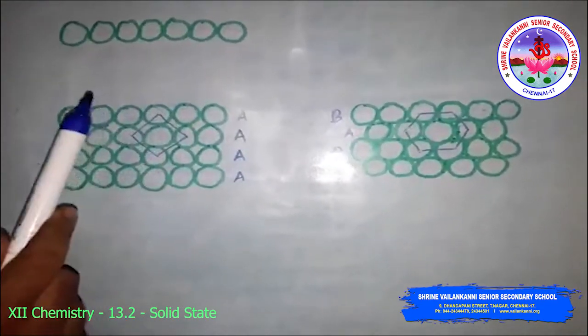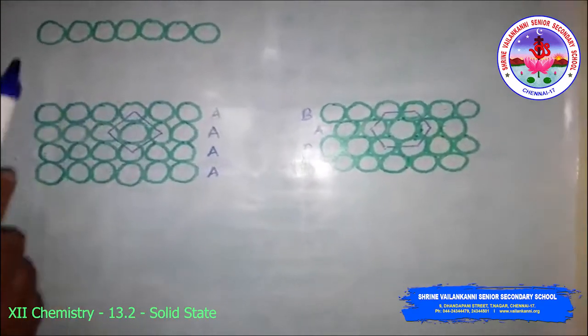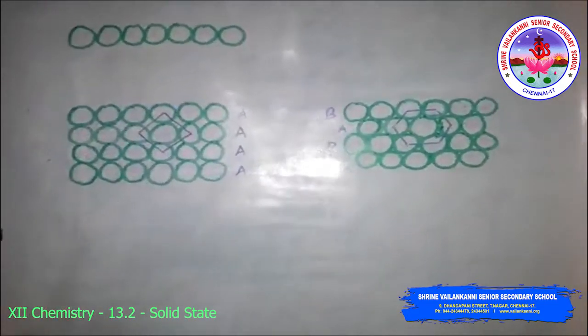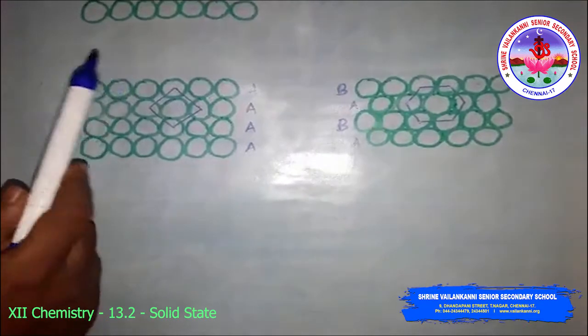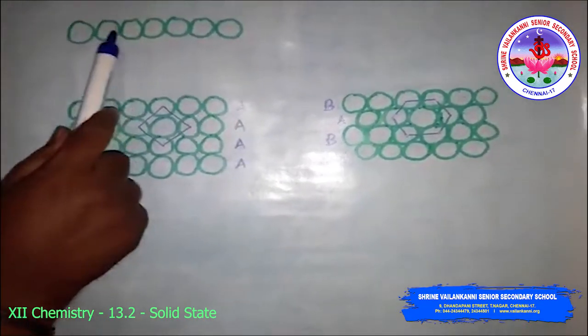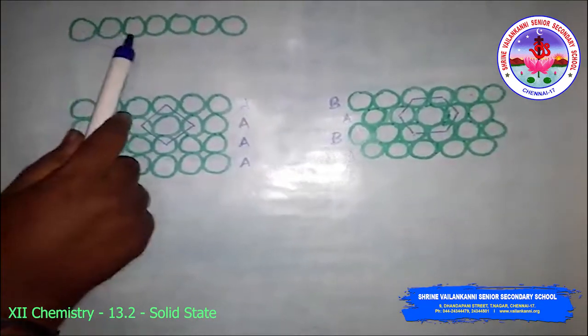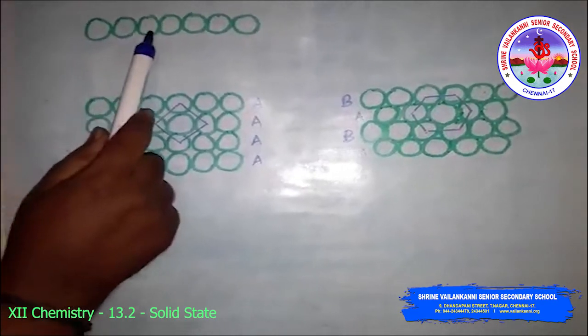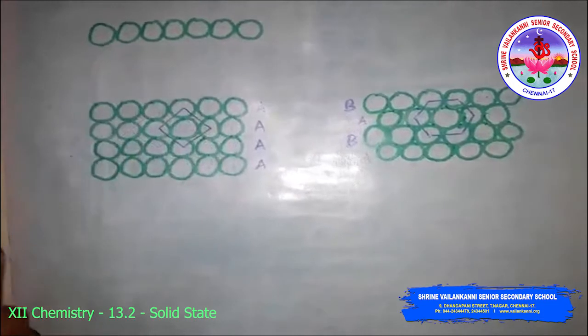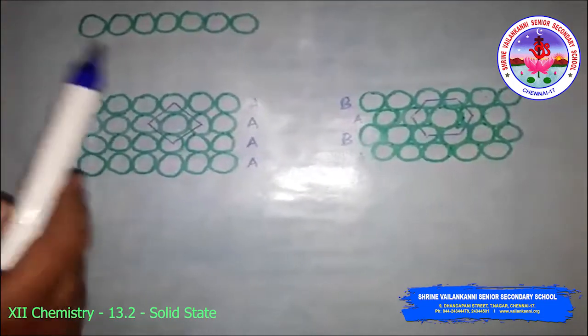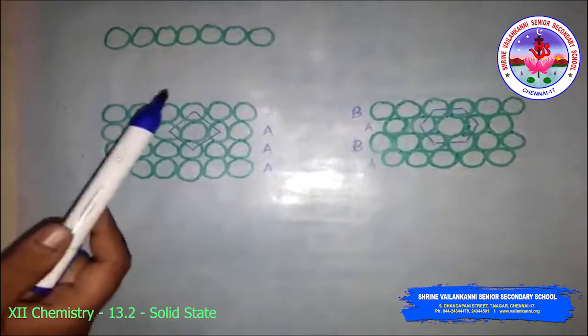So this is close packing of spheres in 1 dimension. In this arrangement, each sphere is in contact with 2 neighbors. Similarly, each sphere is in contact with its two neighbors.